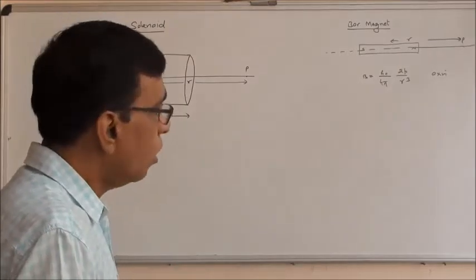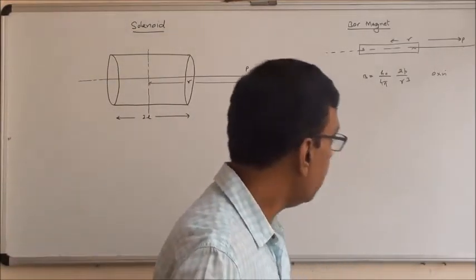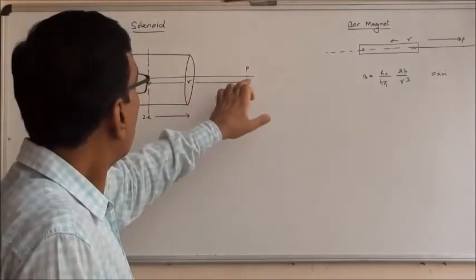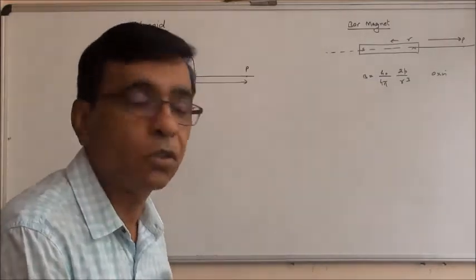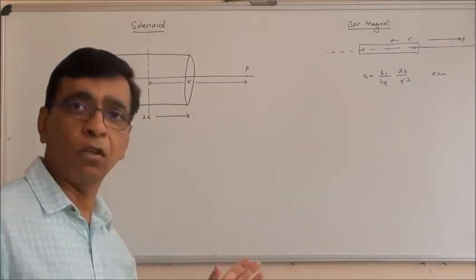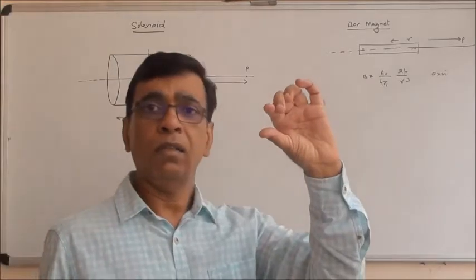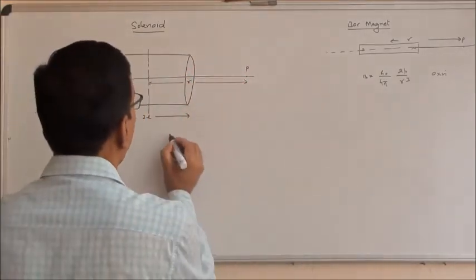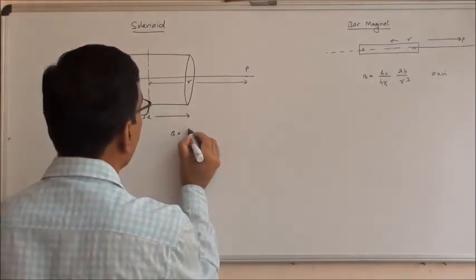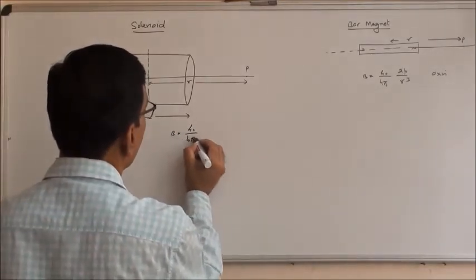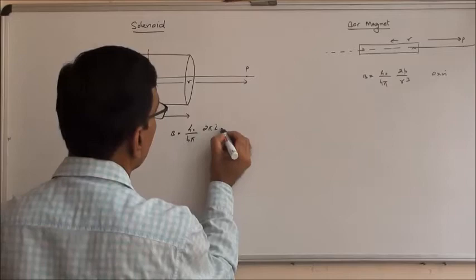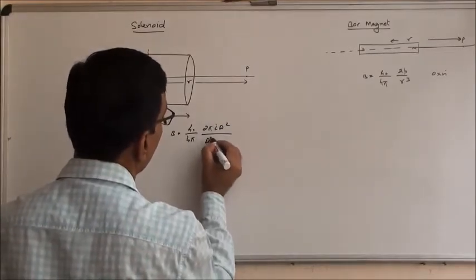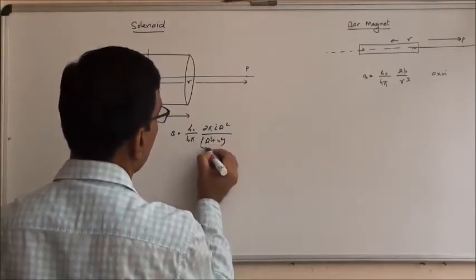Now let us see what is the magnetic field produced on the axis of a very long solenoid. We will take a very long solenoid and the diameter we will take very small. Okay, we know the magnetic field produced by a loop is mu naught 2 pi I a square upon a square plus x square to the power 3 by 2.